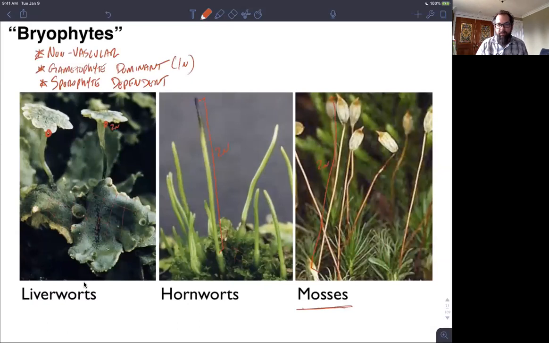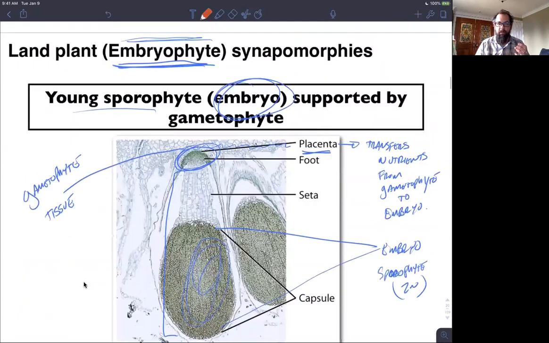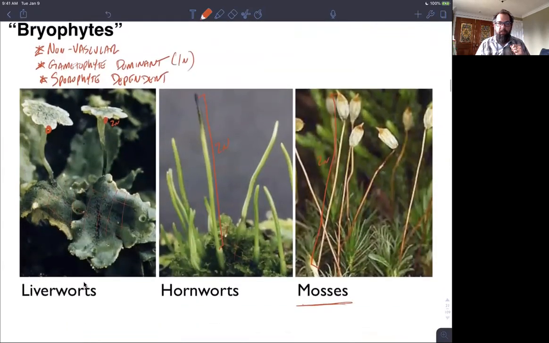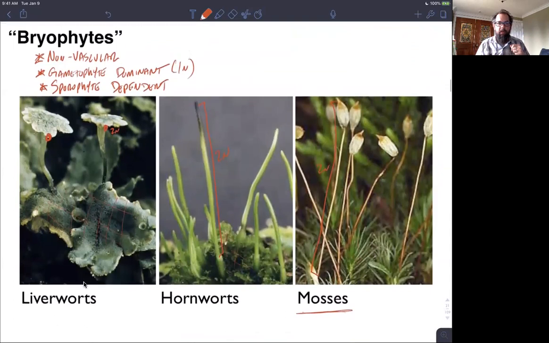So the non-green parts in that case are the sporophytes. And in all of these, the sporophyte is dependent on that gametophyte generation. It's dependent on it as an embryo when it starts out and it gets that energy transfer, like we talked about through the placenta on the last slide. But it's dependent throughout the life of the sporophyte.